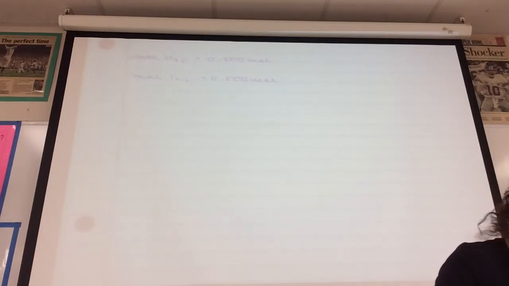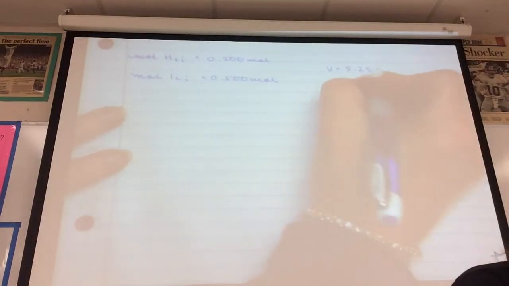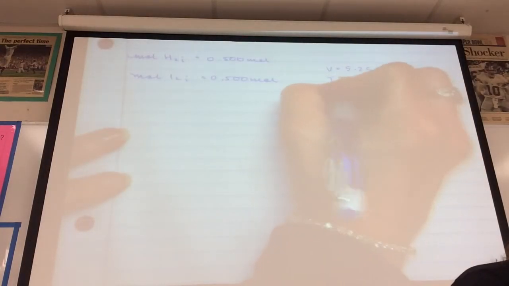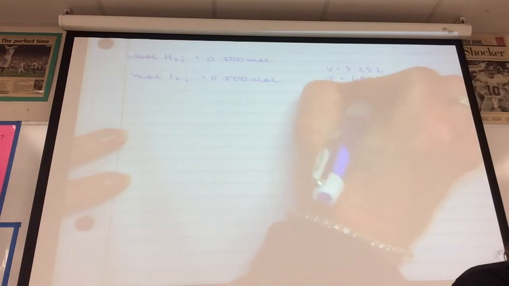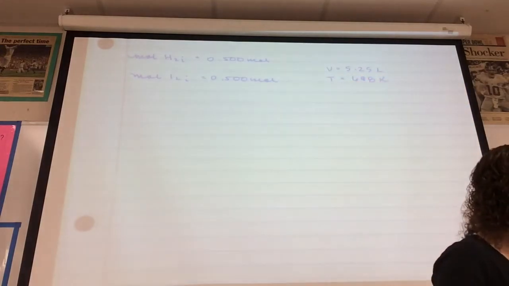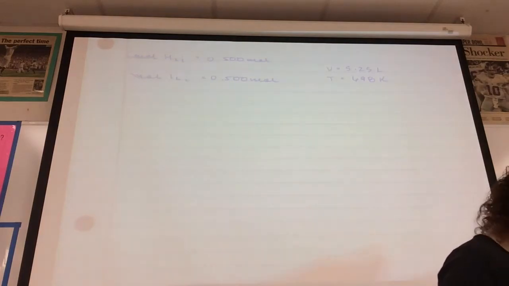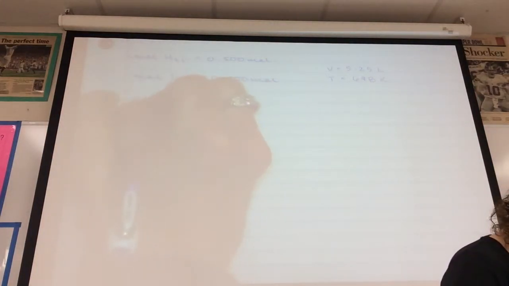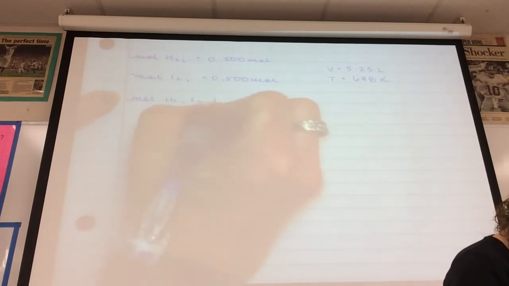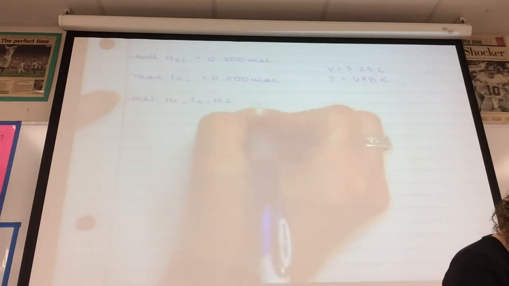They're telling you you have a volume of 5.25 liters. They're telling you the temperature is 698 Kelvin. They want to know how many moles of each gas at equilibrium.